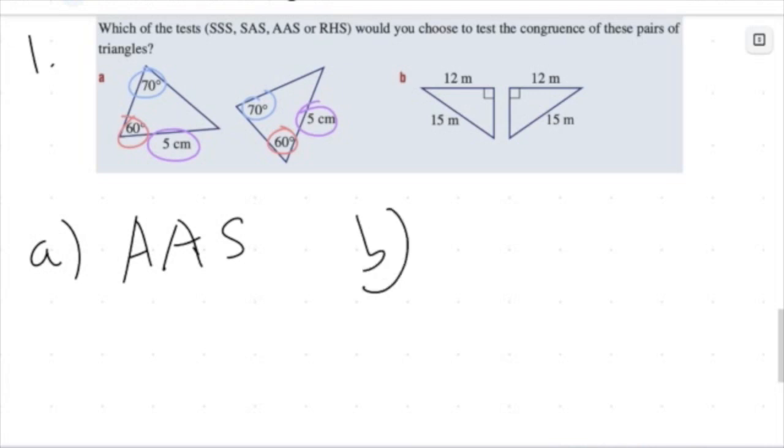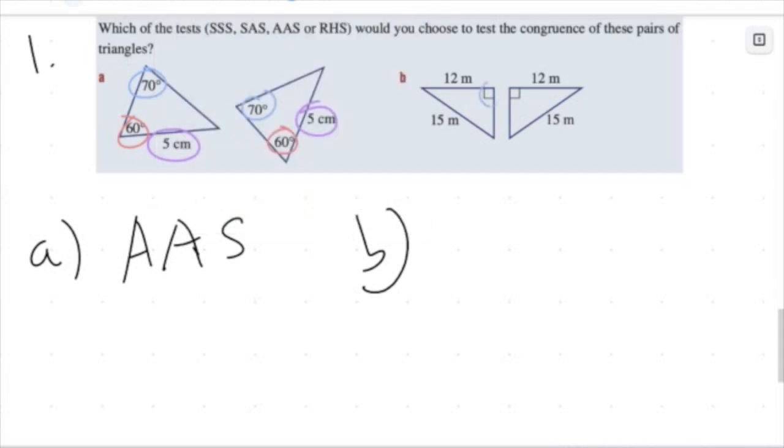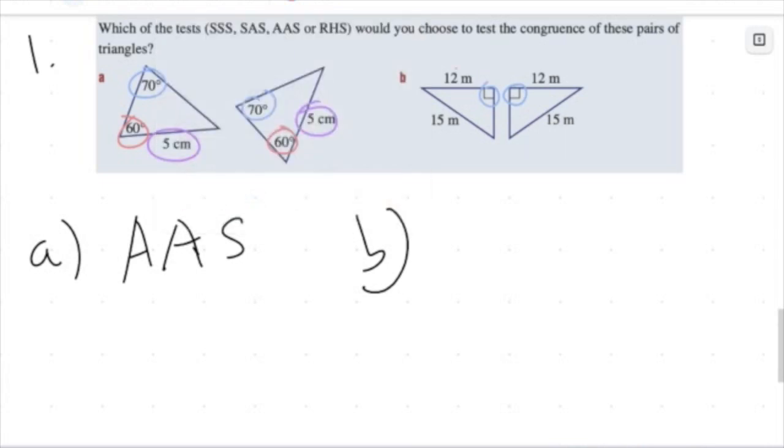Now, part B, what pieces of information are we given? Okay, we've got two equal angles here. Now, these are right angles. Already you can hopefully see the hint here, but let's just keep going. Let's assume we haven't picked up on anything yet.